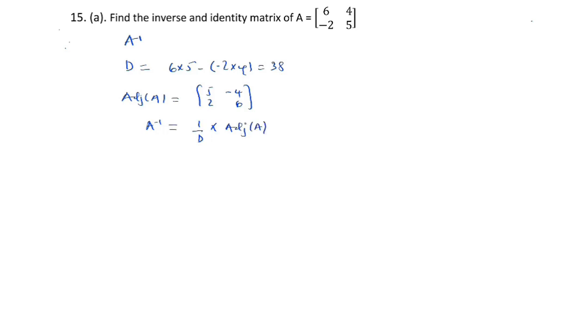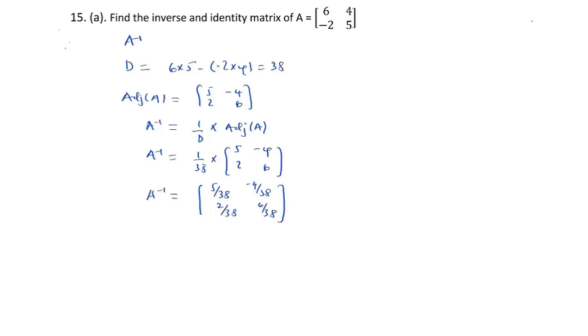Okay, so taking the values above, we are going to have A inverse equals 1 over 38 times matrix 5, 2, -4, 6. Next let us apply scalar multiplication of a matrix. We are going to have A inverse equals matrix 5 over 38, 2 over 38, -4 over 38, and 6 over 38.